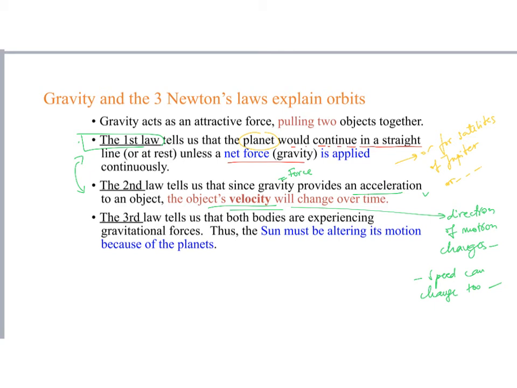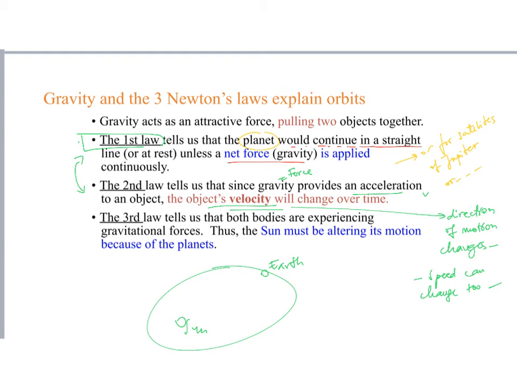The third law tells us that both bodies must experience gravitational forces. Well, what can you say about the sun? The sun doesn't move anywhere, right? So you have planet, you have sun, this is Earth, or we can do the same experiment with Mars as well.